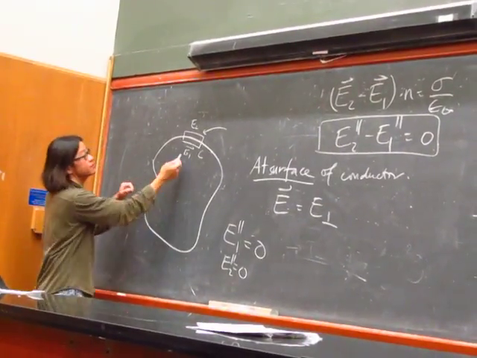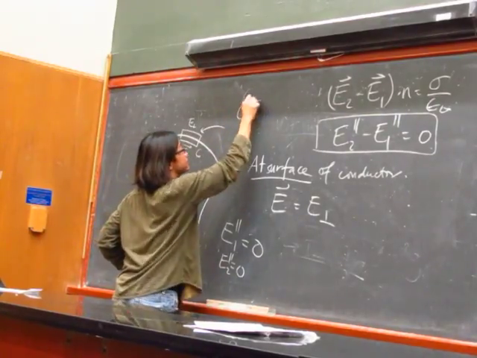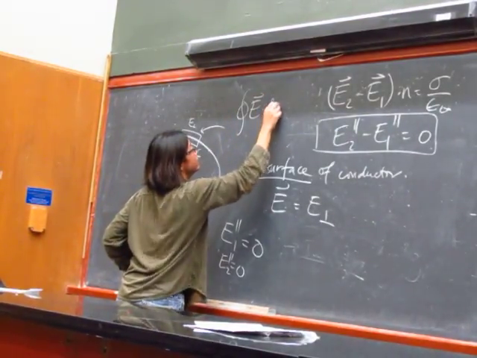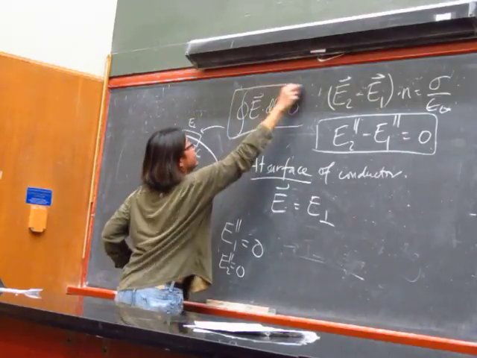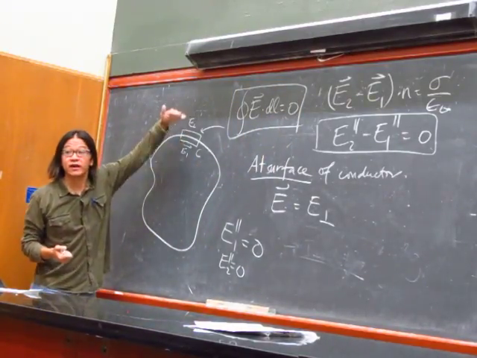So all we established just from the fact that the electric field is conservative is that the parallel component of the electric field across a conductor has to be equal to 0.